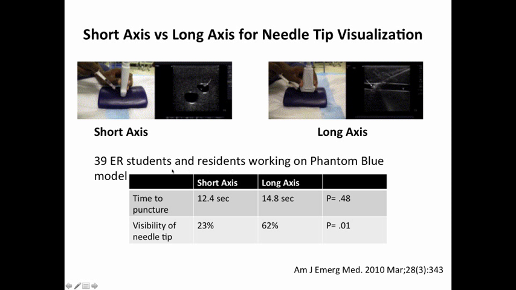This was a study of about 40 ER students and residents, so novice trainees, working on phantom blue models. This is a vascular model in which you can practice getting vascular access. What they found was that in long axis it takes a little bit longer, although it's not statistically significant, and 2 seconds really is probably not even clinically significant. But they're actually better able to visualize the tip of the needle.